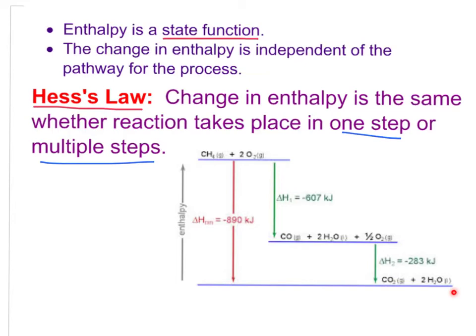And notice that the sum of the enthalpy change for this first step and the enthalpy change for the second step, the sum of those two enthalpies equals the total enthalpy for the reaction. So that is what Hess's law states.